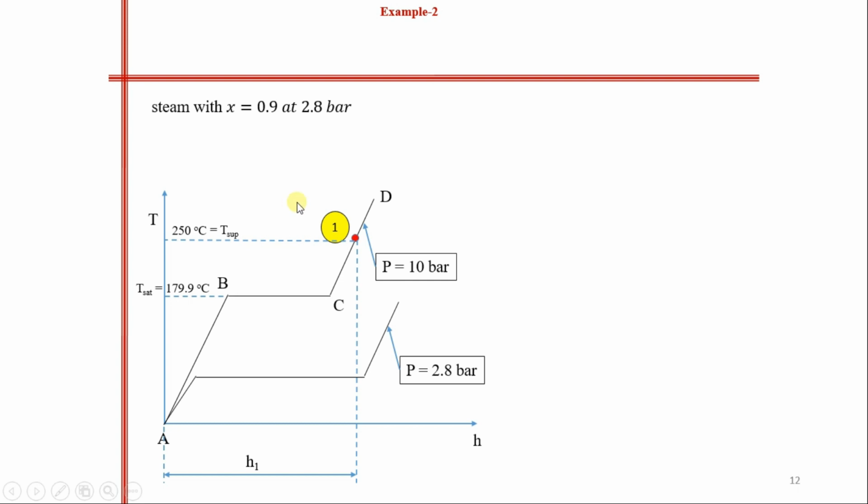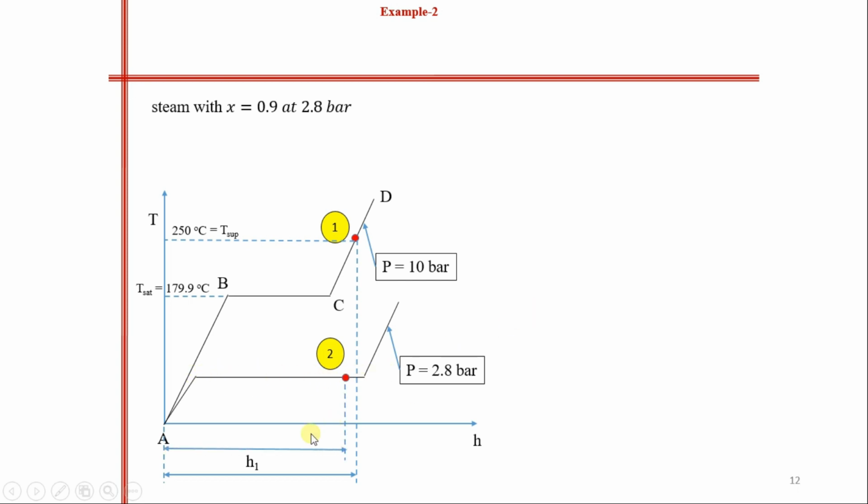That pressure is called the critical pressure. Here our second pressure is 2.8 bar, so our enthalpy of evaporation will be larger compared to that at 10 bar pressure. So points B and C will be at a farther distance at 2.8 bar pressure. We are given that at 2.8 bar pressure x is 0.9, which indicates we have wet steam, and wet steam falls between points B and C.